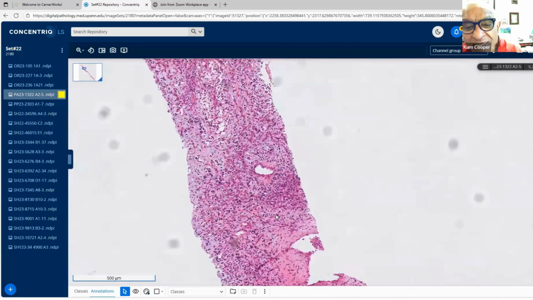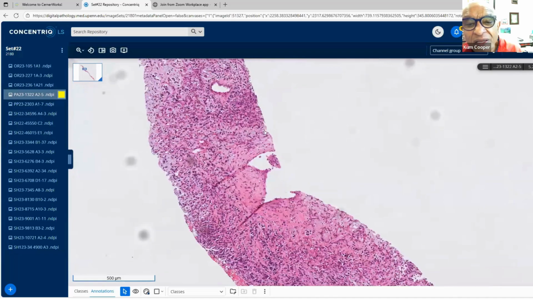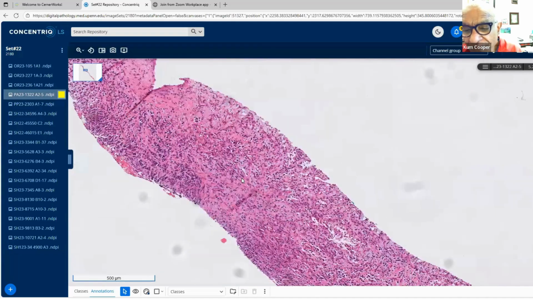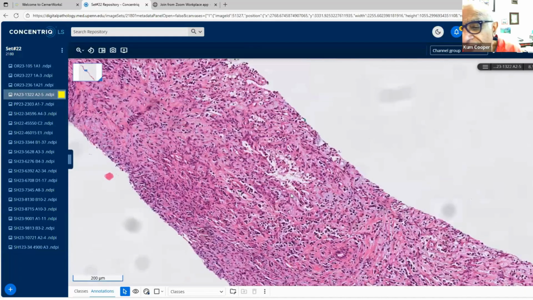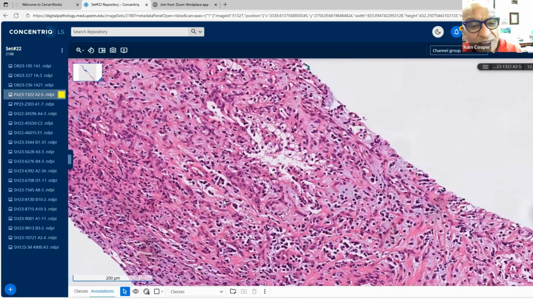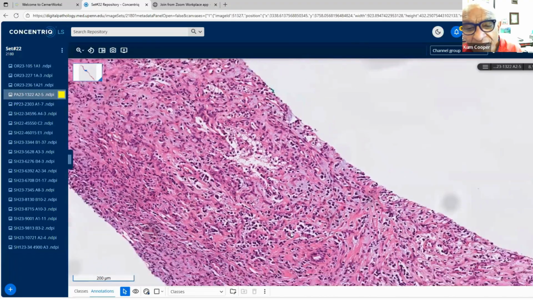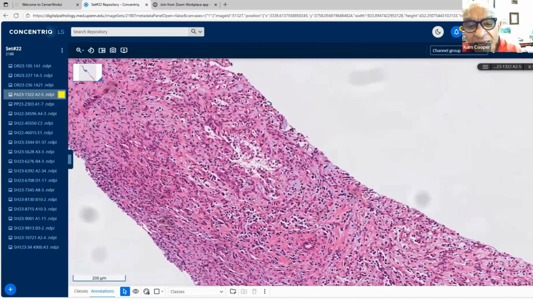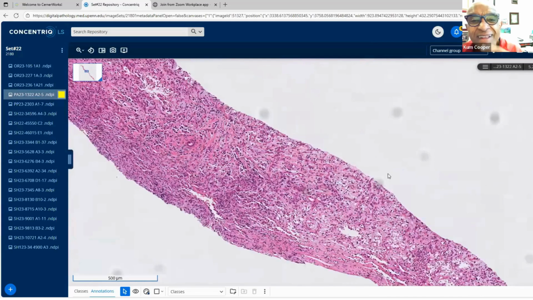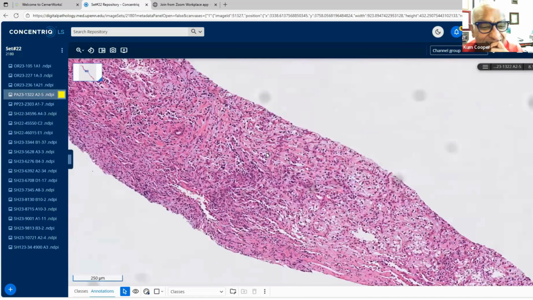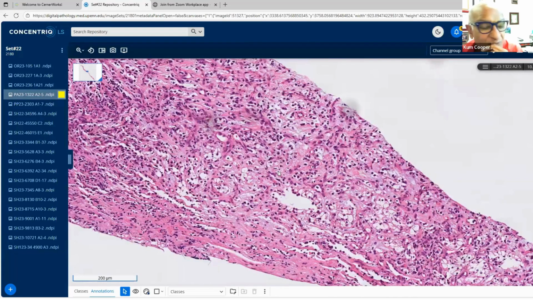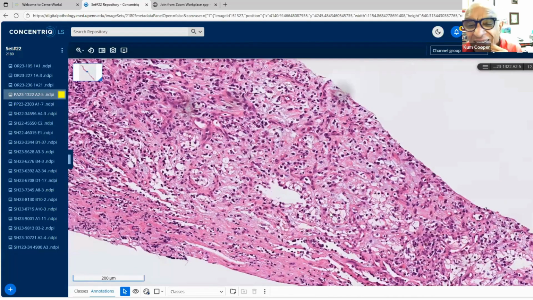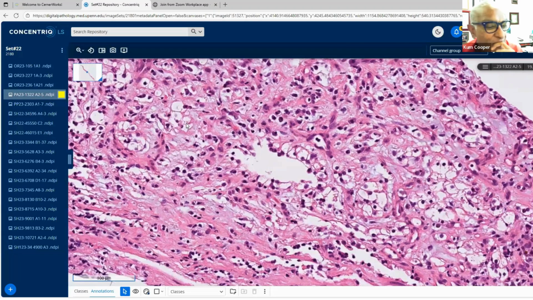But I want you to look at these areas here. Any thoughts on those areas? Yeah, there's more of these. Yeah, you can see this whole area here. See that? Okay, we got another angiomyolipoma.